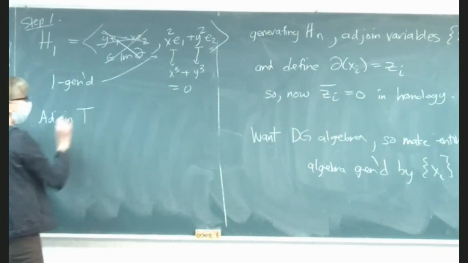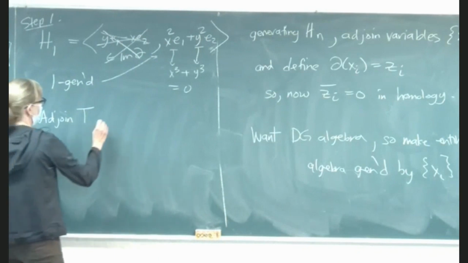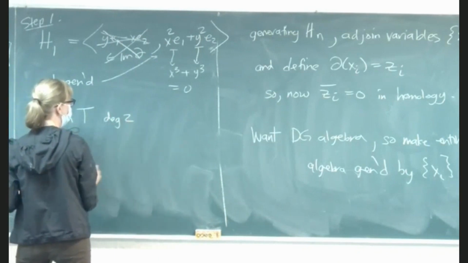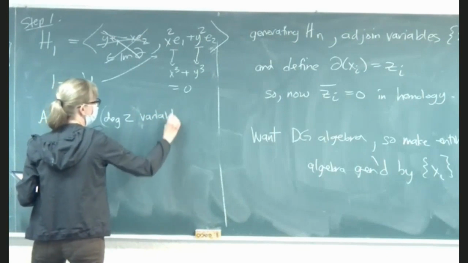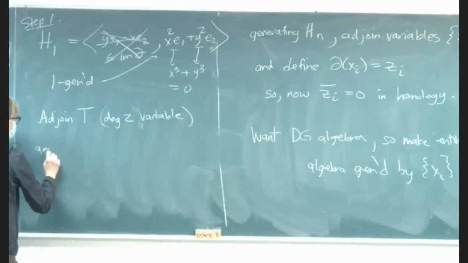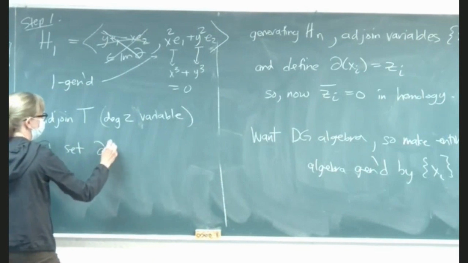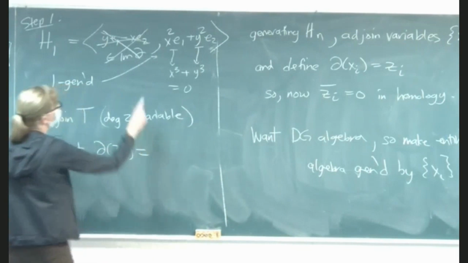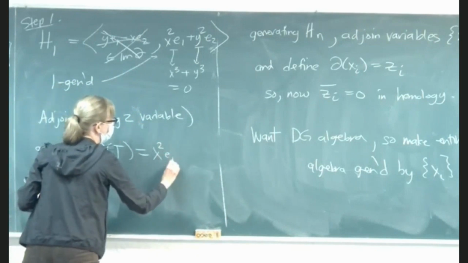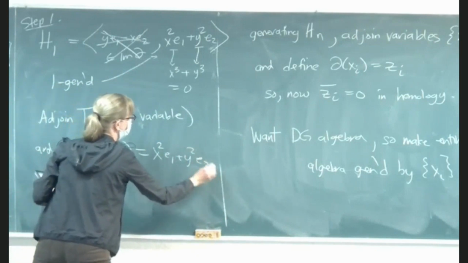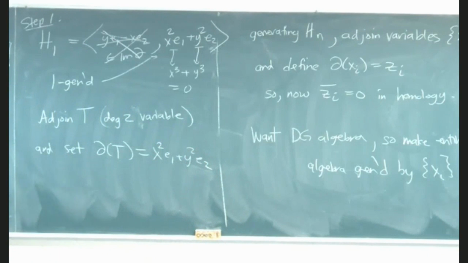I'm going to call it t, t of degree 2 now. Degree 2 variable. And set the boundary of the differential of t to be exactly that thing that we didn't like: x squared e1 plus y squared e2. Now it's an image, and we're fine.